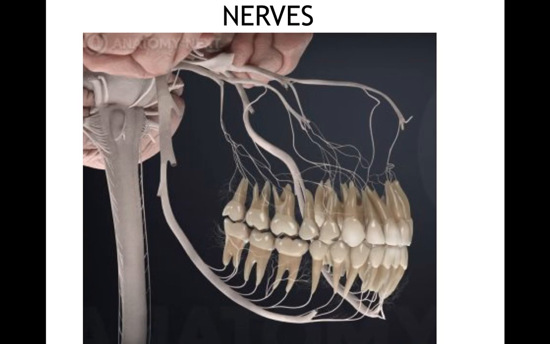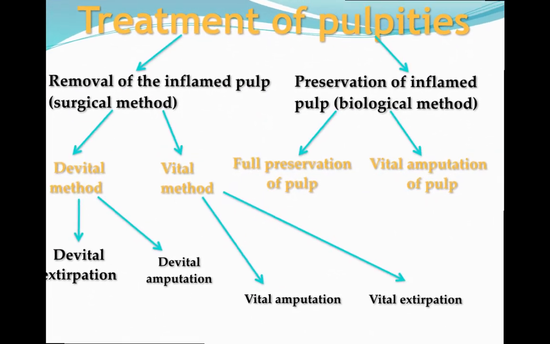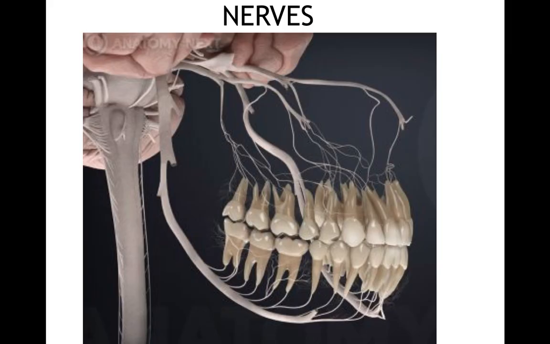Nerves. There are sensory and motor types of nerve endings.